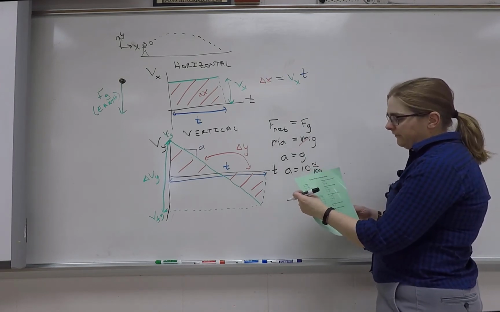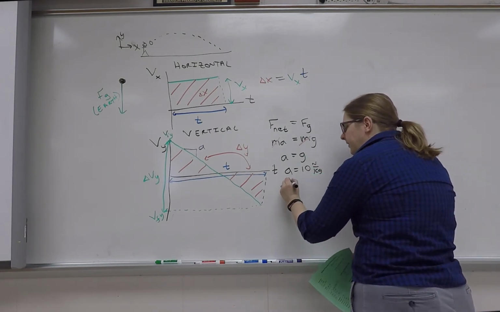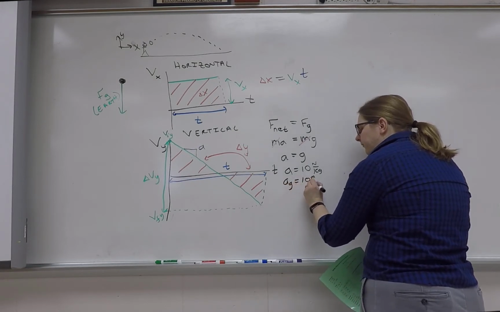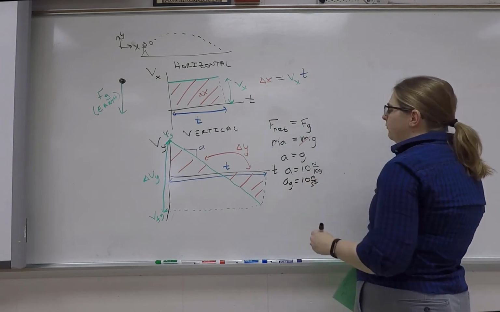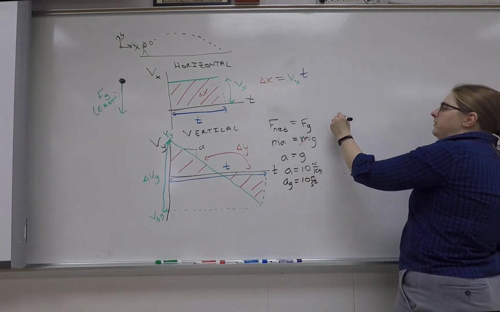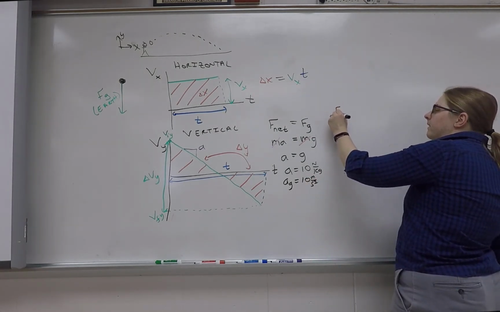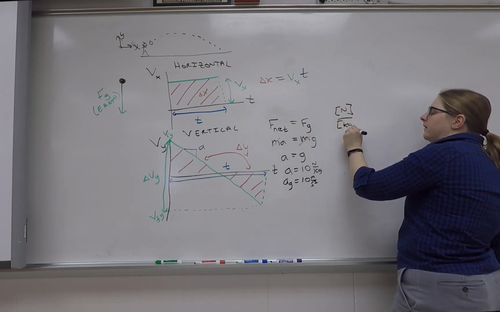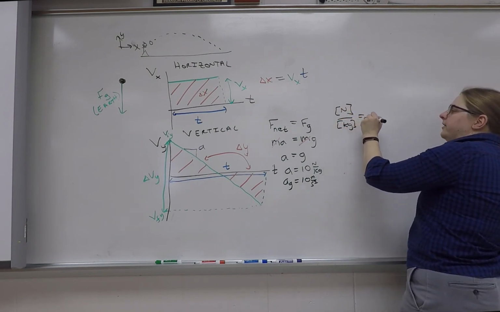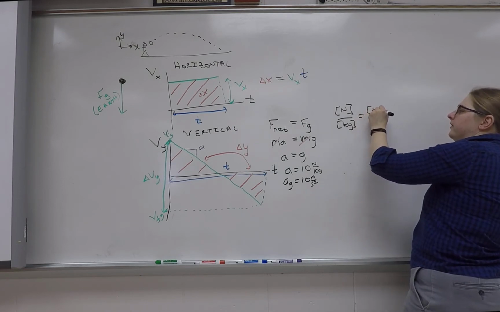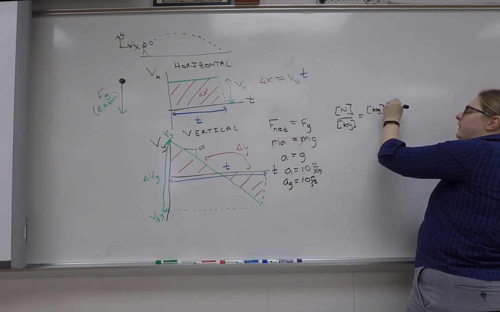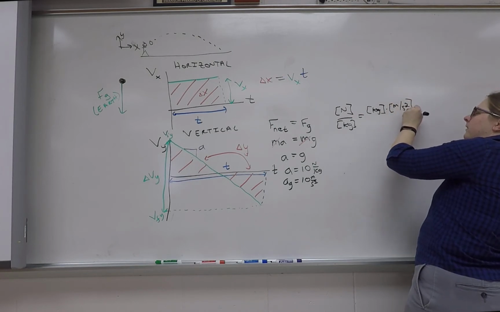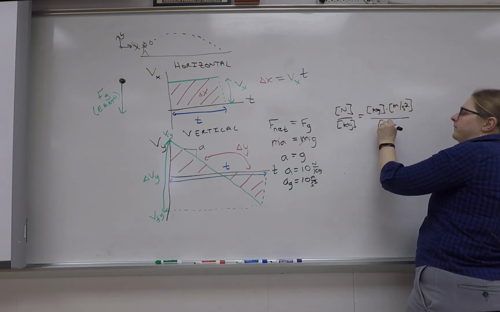But it also has a g equals 10 meters per second squared. So if I take a quick look at the units, a newton per kilogram I can change into something else, because a newton is also a kilogram times a meter per second squared.